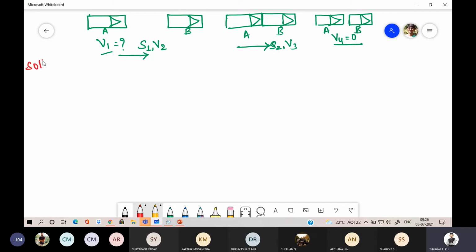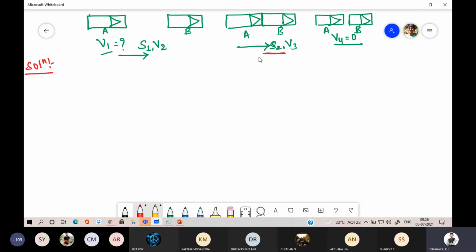So, solution part. After collision, both vehicles move for around 12 meters, according to the question. That is, during collision both the vehicles move through a distance S2.